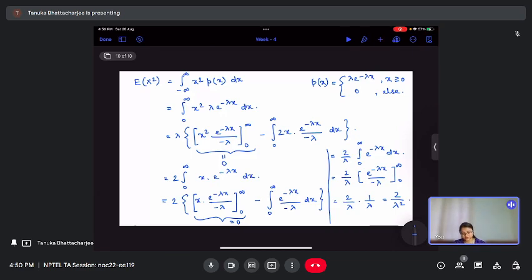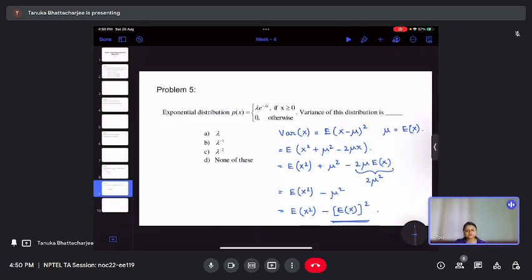Now, the question was to compute the variance of this distribution, and we derived the expression for variance as expectation of x square minus expectation of x whole square.